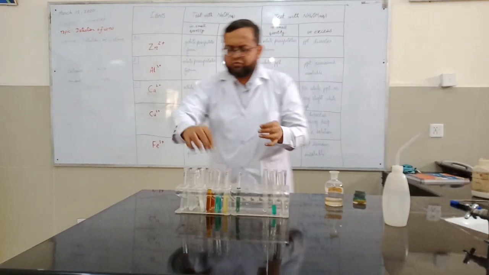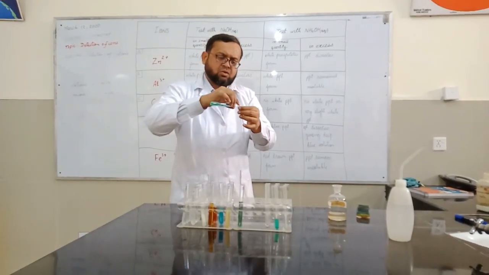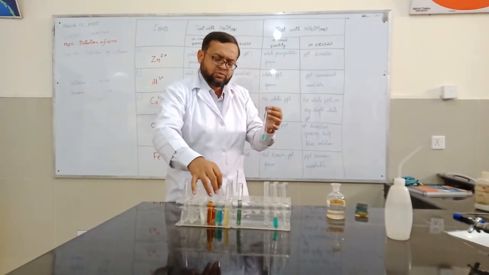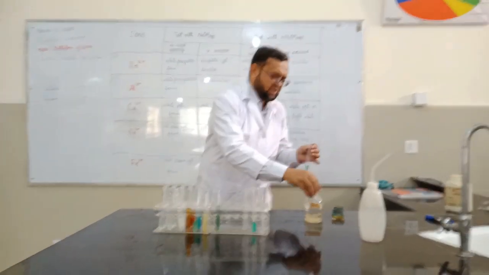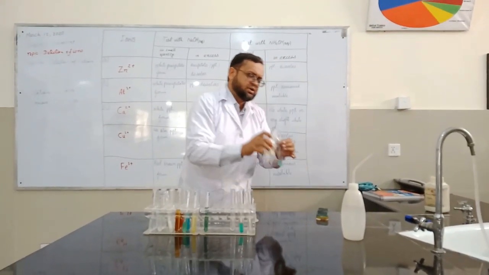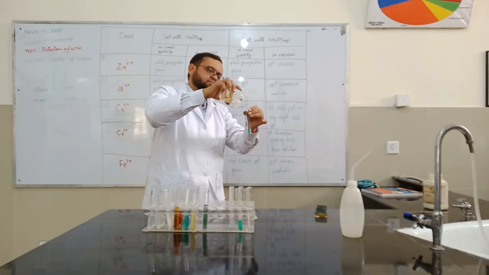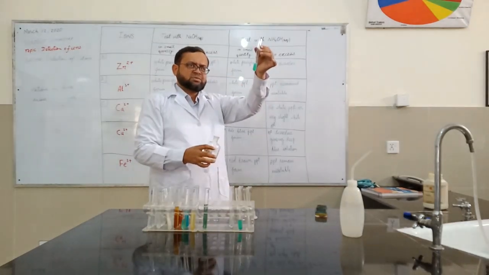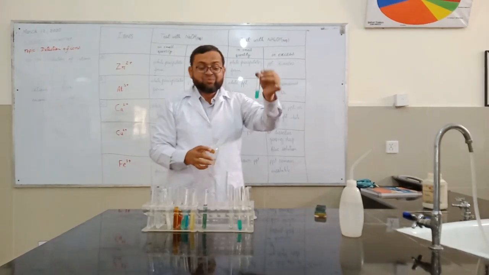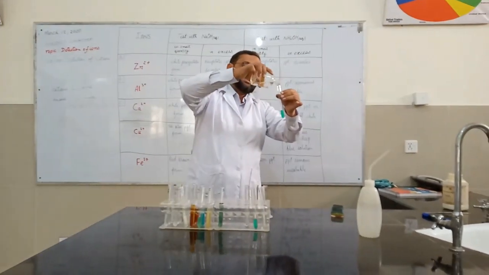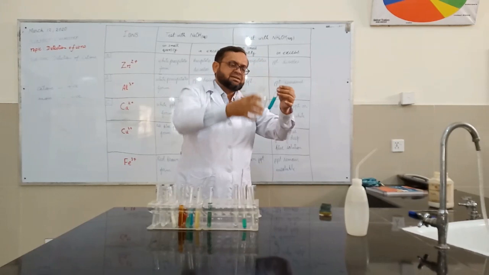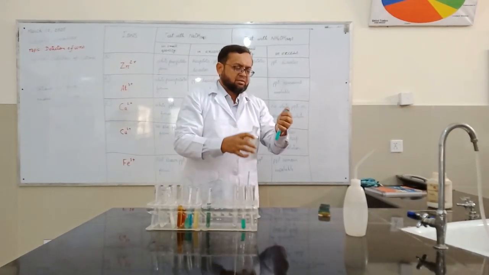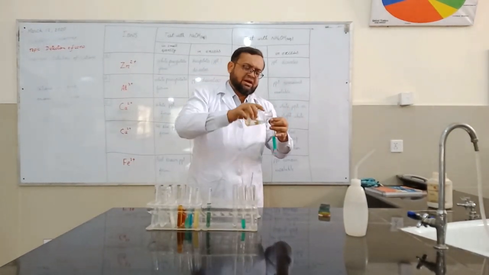Now we perform another test of the same solution E with liquid ammonia or ammonium hydroxide. Again, we obtain a blue precipitate, light blue precipitate. But in excess, it is becoming darker and darker.